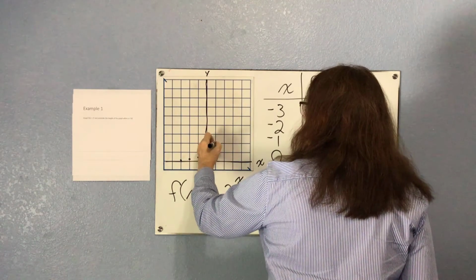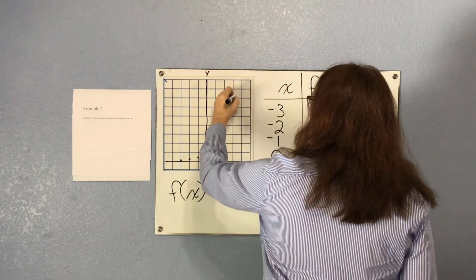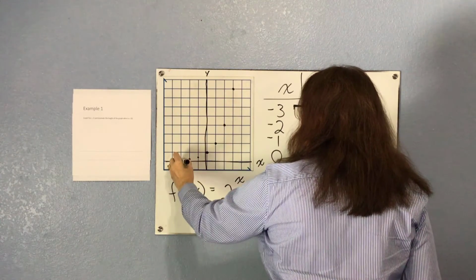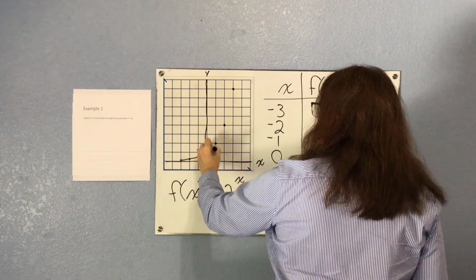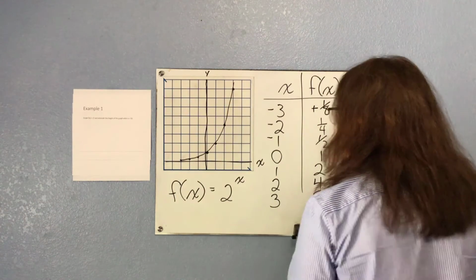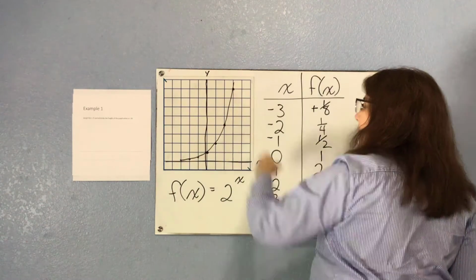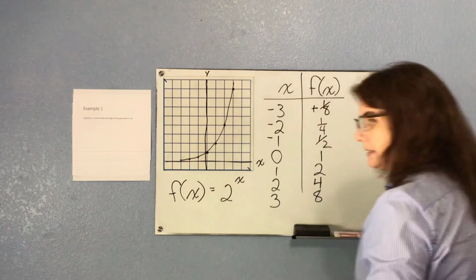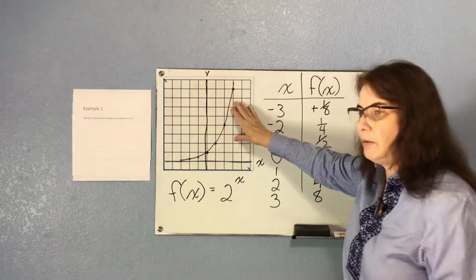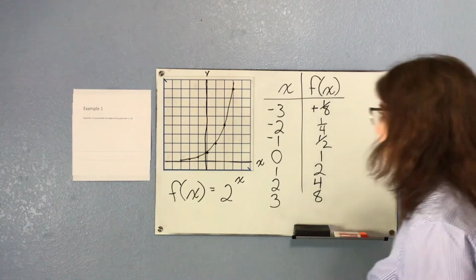Continuing on, I go to 2, 4, and 8. So when I connect these, I get a nice smooth curve that starts off pretty flat, but very rapidly increases and rises quite steeply. Okay, so exponential functions grow much faster than polynomial functions.